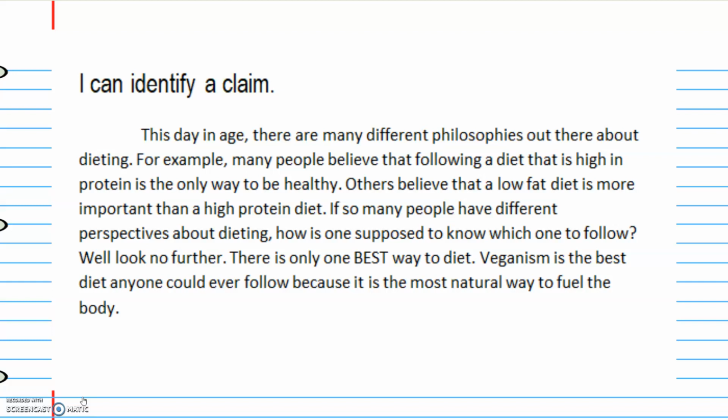Well, look no further. There is only one best way to diet. Veganism is the best diet anyone could ever follow because it is the most natural way to fuel the body. You decide which sentence states the claim.